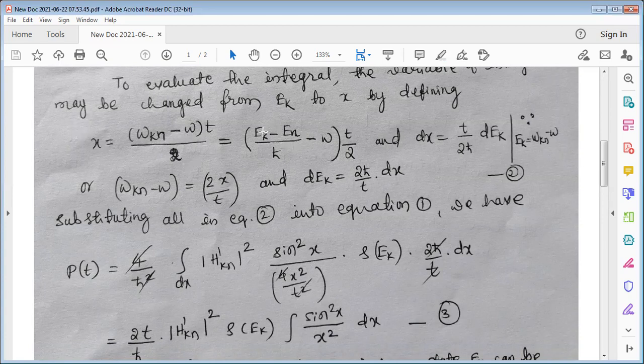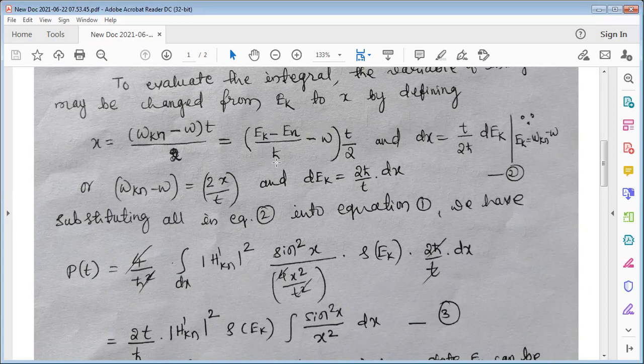We know that omega kn is nothing but Ek minus En divided by h cross, and this omega can also be written in general as E divided by h cross.